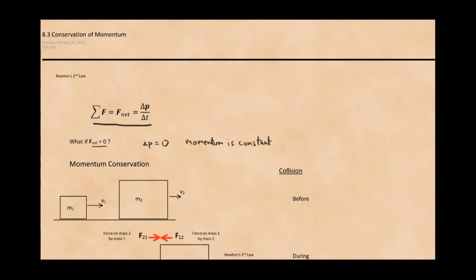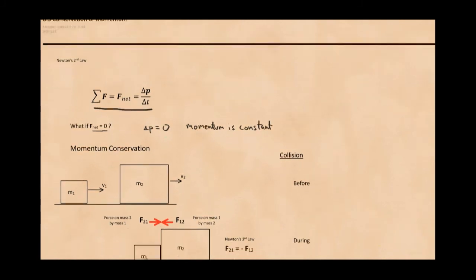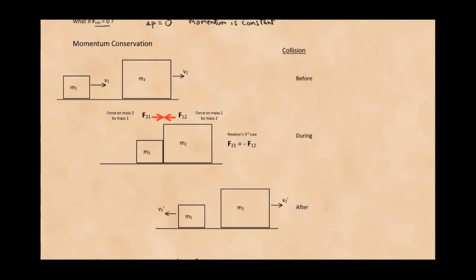Now let's look at this in the context of a collision. Here I have 3 pictures showing different times in which mass 1 and mass 2 are going to collide. Here's the situation. Mass 1 is traveling at a speed v1, mass 2 is traveling at a speed v2, and we're assuming that v1 is greater than v2.